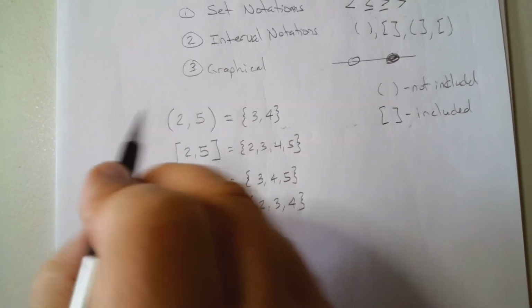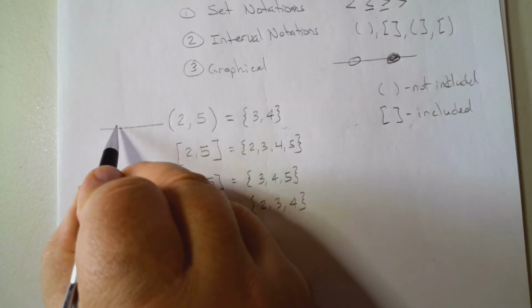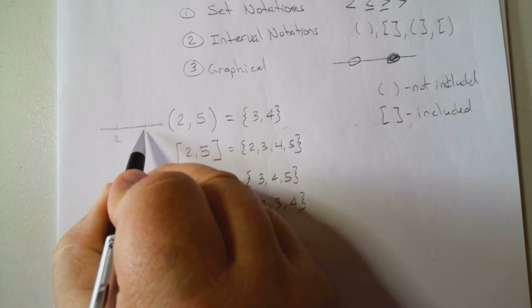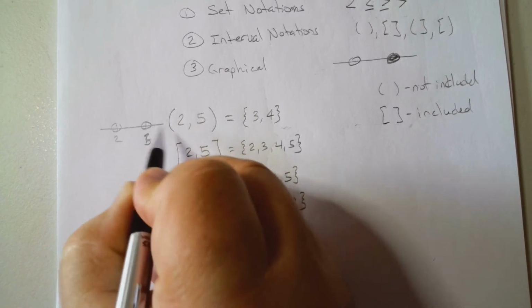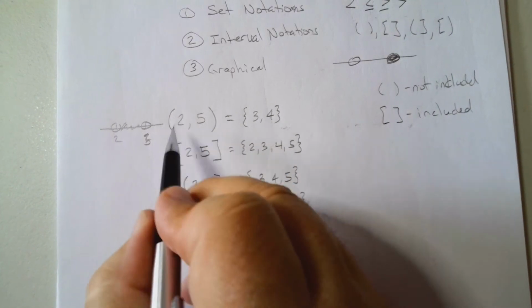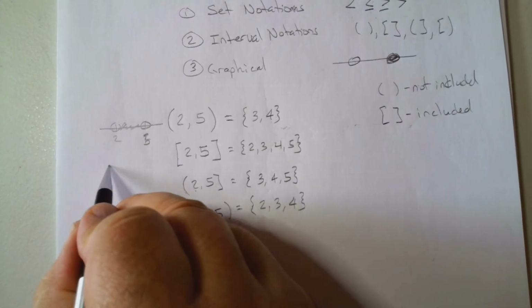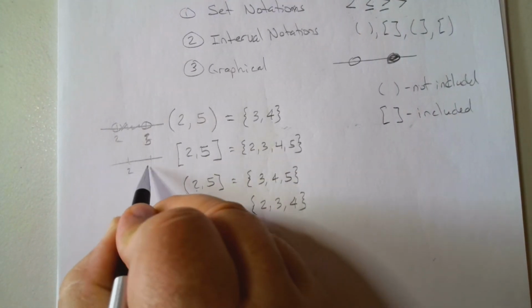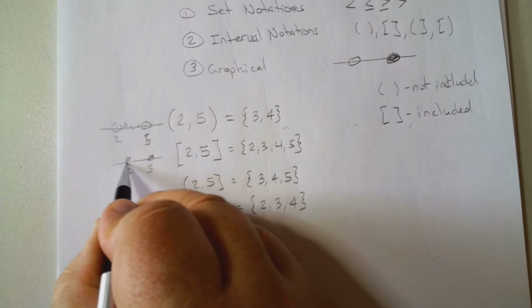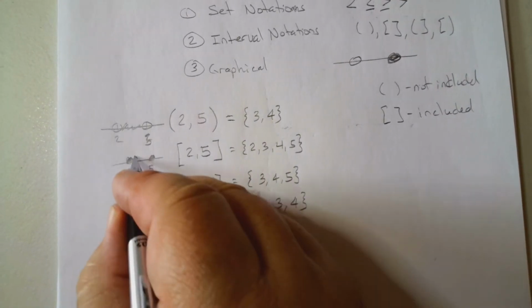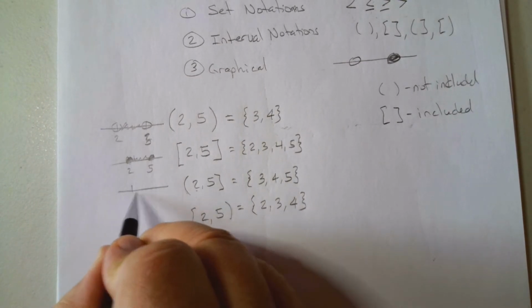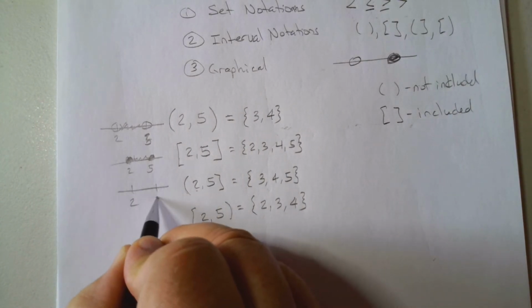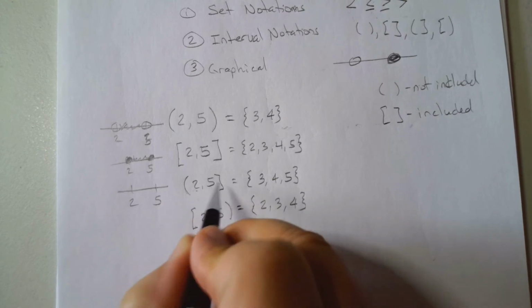Now graphically, here's 2 and 5. They're both open because they're parentheses. If they're both brackets, then it's solid dots. If one's open, one's closed, that one's open, that one's closed.